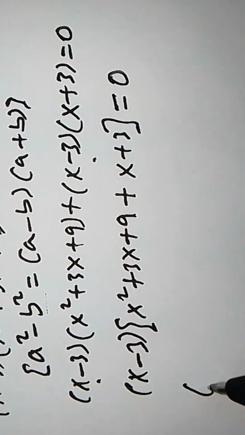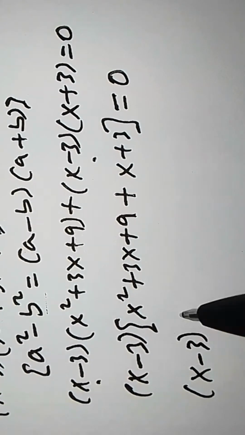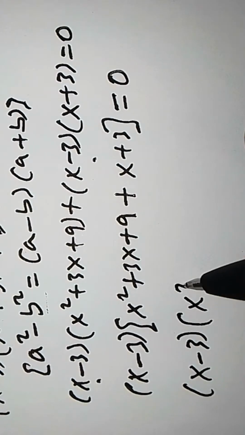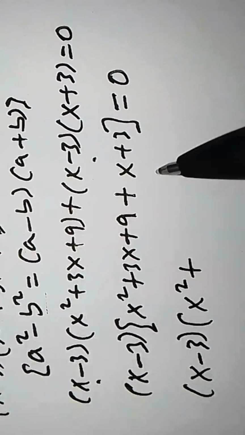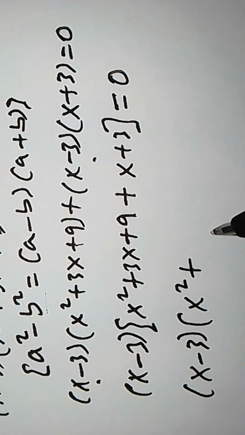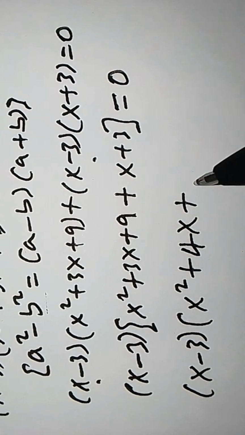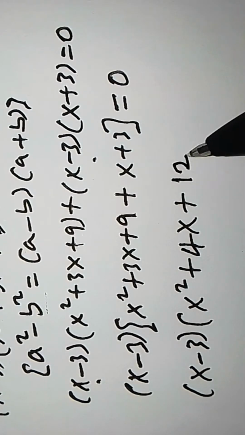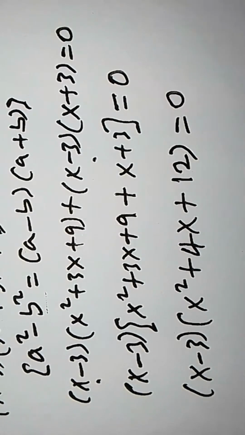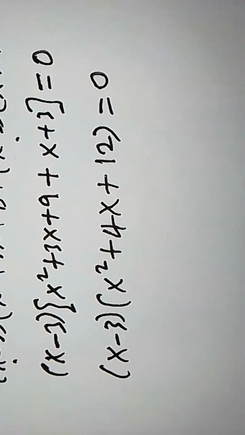So x minus 3 times x squared plus 3x plus x, that is 4x, plus 9 plus 3, that is 12, equal to 0. Let's proceed further.